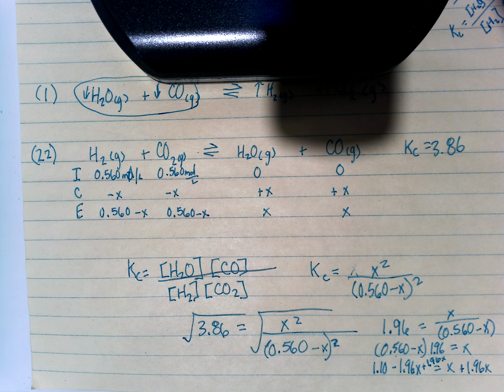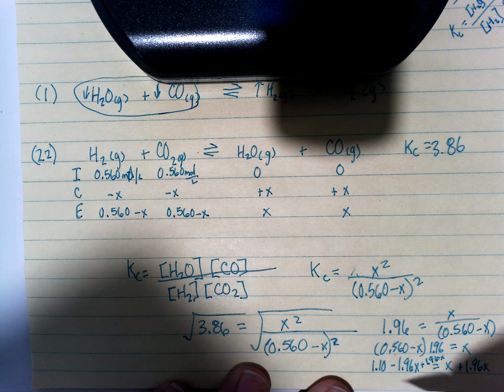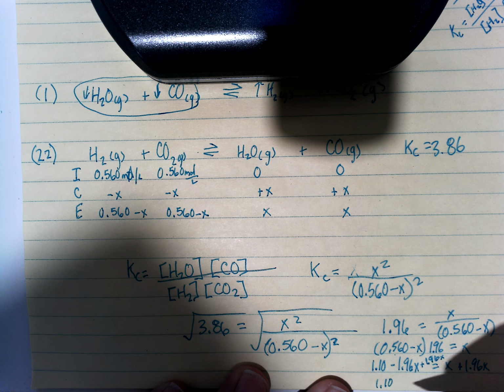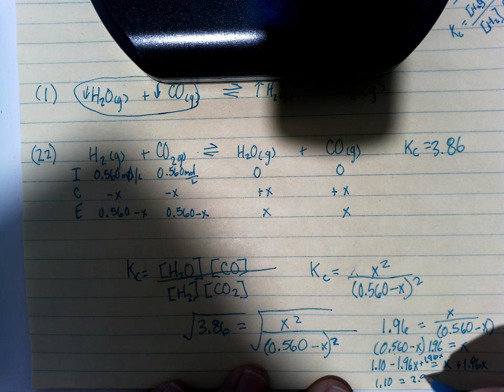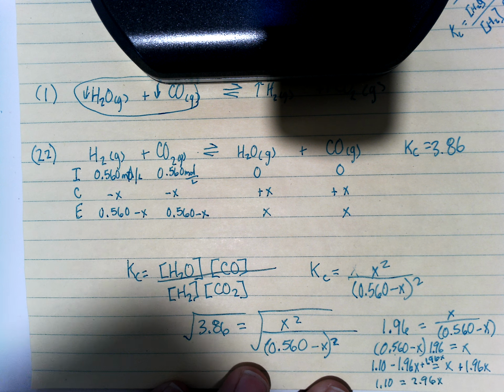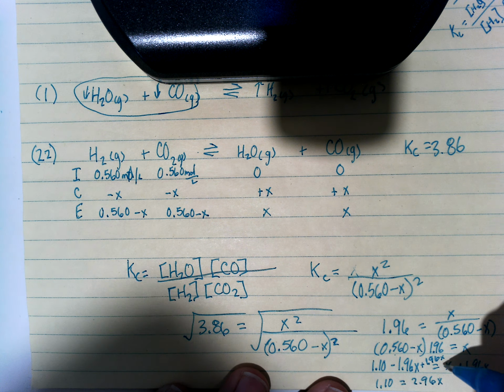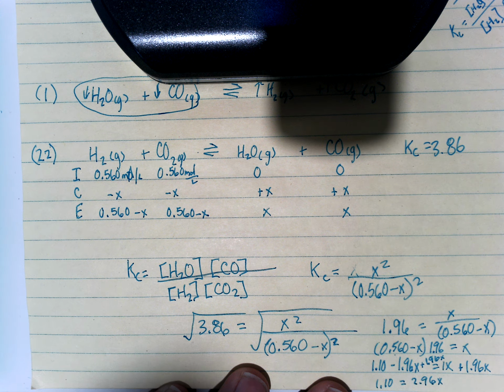Running out of room on my sheet here, but we have 1.10 is equal to 2.96x, because remember there's a 1 in front of this, even though we don't always write it.